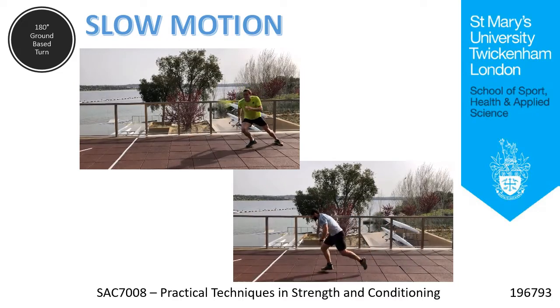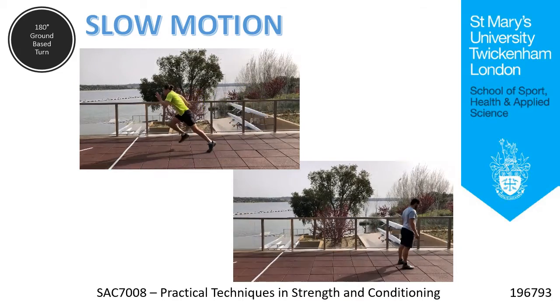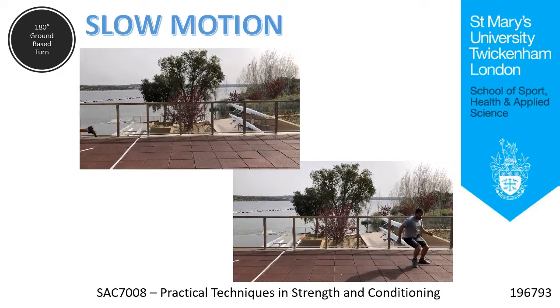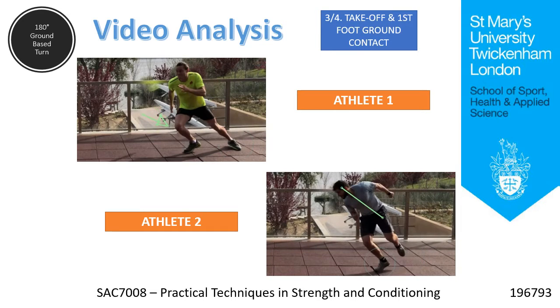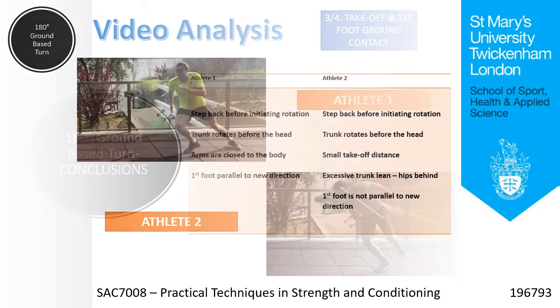He also presents a small takeoff distance, which reduces his velocity. When we look at the pictures, we can clearly see that small takeoff distance for athlete number 2 and the first foot positioning for athlete number 1. Here, there seems to be a loss of balance by athlete number 2 while going sideways.